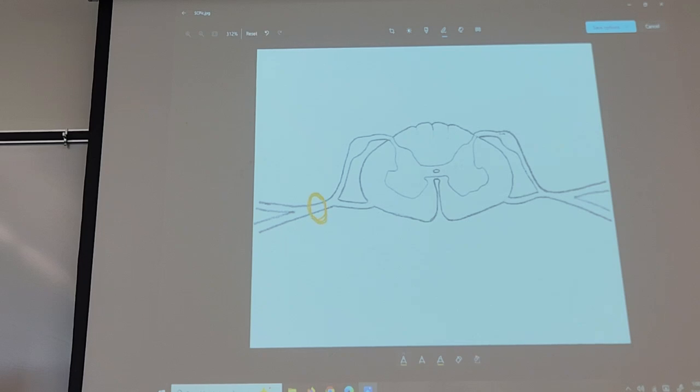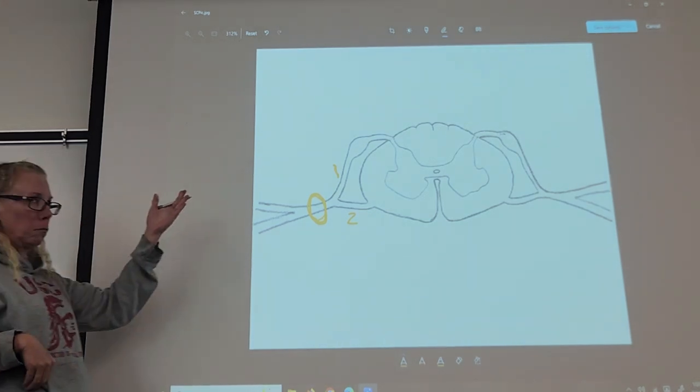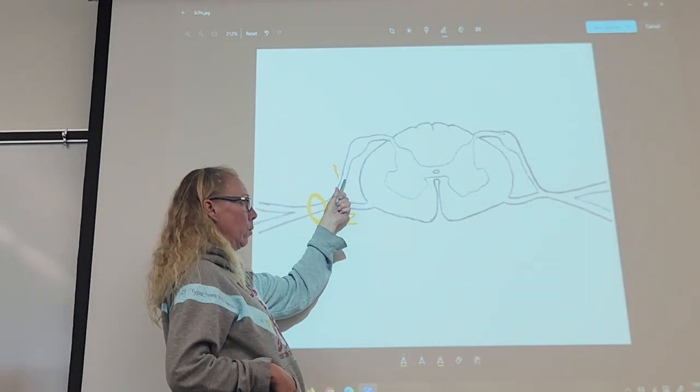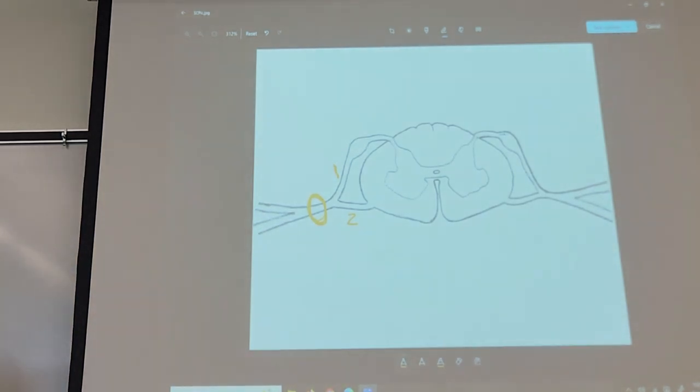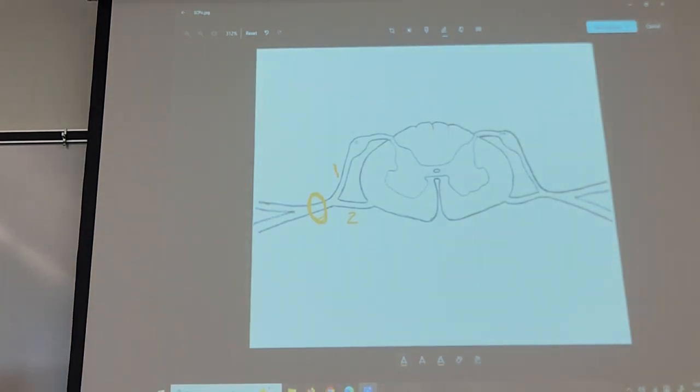Okay, so name that structure that I just circled. What is that? Spinal nerve. It's a spinal nerve, right? It's a nerve, right? Okay. So a nerve then splits into, I'll just use numbers, number 1 and number 2. So what's number 1? Dorsal root, yeah, and number 2 is? Ventral root, okay.